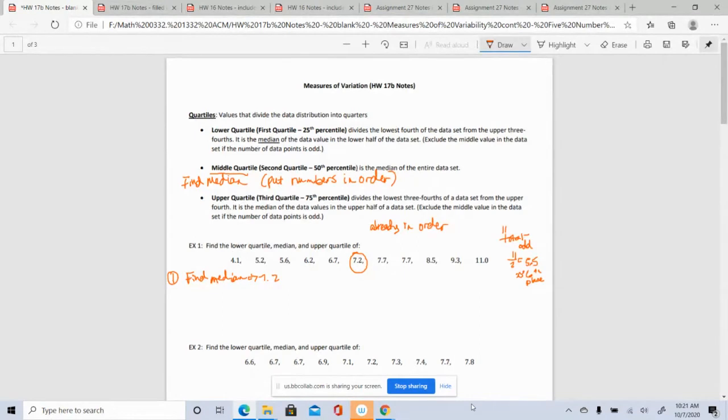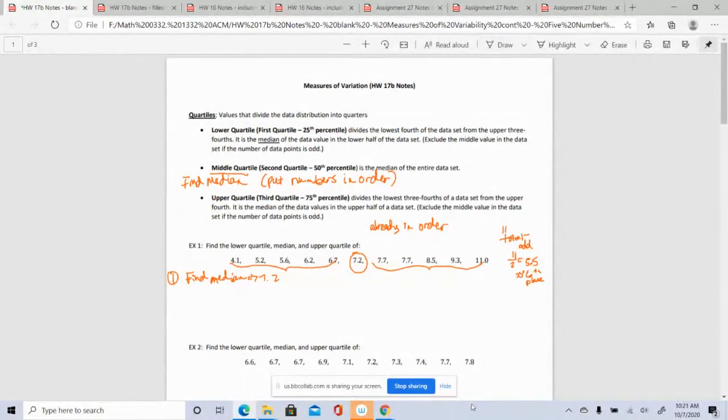Now, what we're going to do, if there's an odd number here, is exclude the middle number. What I mean by that is we're going to be looking at these numbers and these numbers. So to find the lower quartile and the upper quartile, those are kind of the midpoints of this half of our data and this upper half of our data.